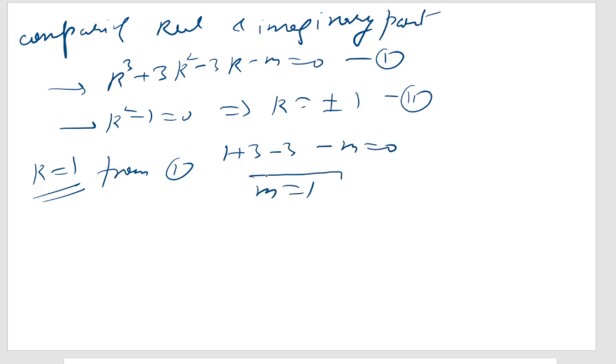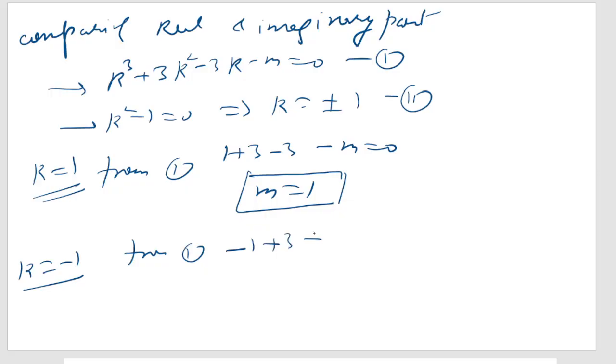This is the value we got if k is equal to 1. Similarly, if k is equal to minus 1, then from the first, minus 1 cube, so minus 1 plus 3 plus 3 minus m is equal to 0. So m is equal to 5.